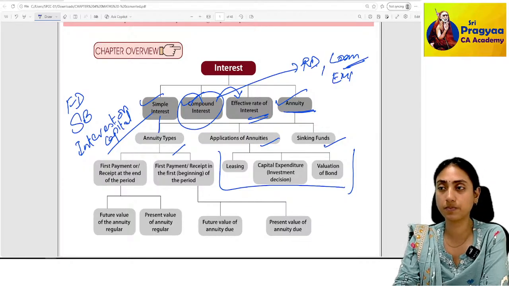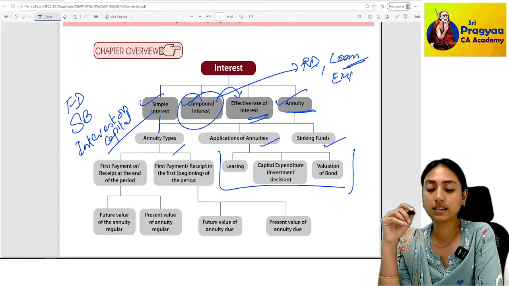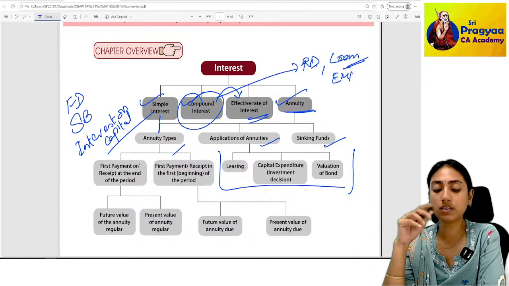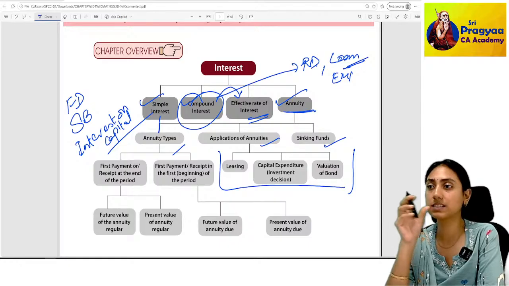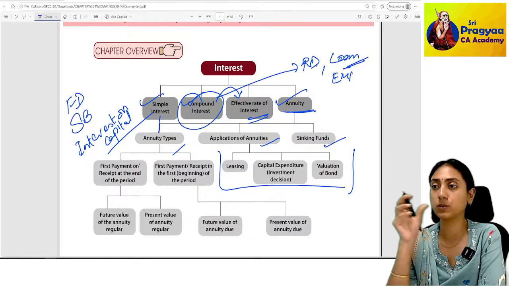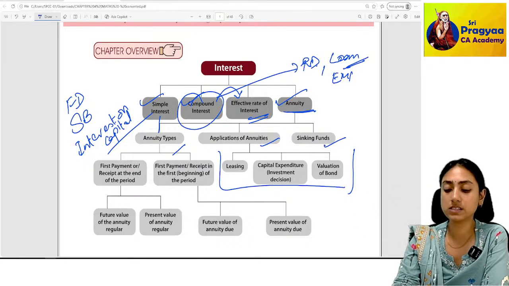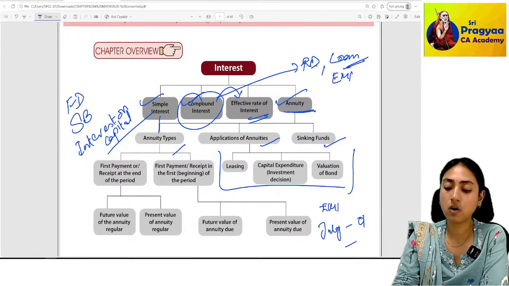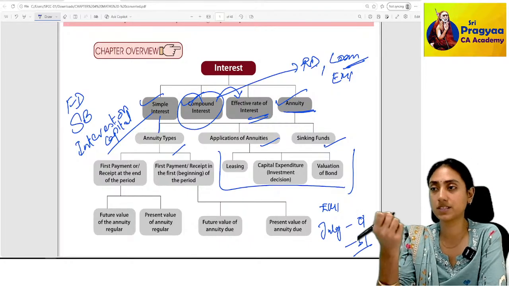We will see annuity subsequently. It is basically how you pay installments, so everything will change. Say there is an EMI. For the month of July, whether you pay on the 1st or the 31st will make a lot of difference.